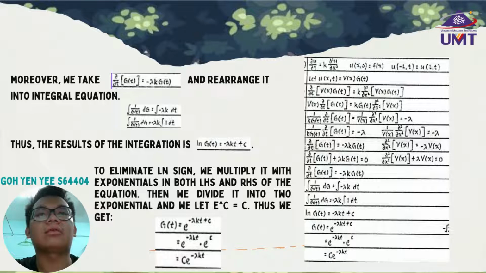To eliminate ln, we take the exponential of the equation, and we will get g(t) equal to e to the power of negative lambda k t plus c. After that, we separate it into two exponentials, where exponential negative lambda k t is multiplied with exponential power of c. Lastly, the answer will be c exponential power of negative lambda k t.